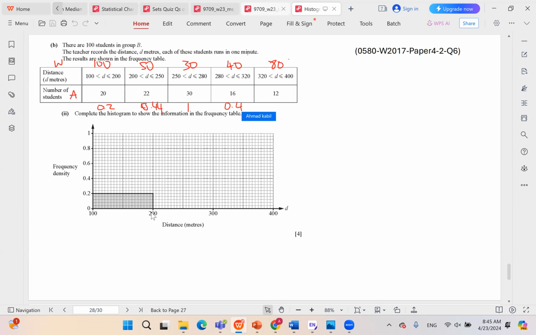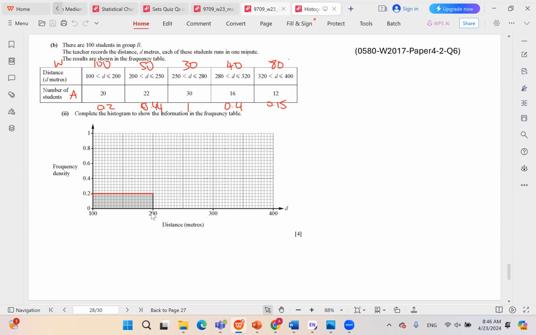And finally, 12 divided by 80 gives us 0.15. We want to test against their first height, and here the first height is very clear and very obvious. It is 0.2. So we know that our values are correct.